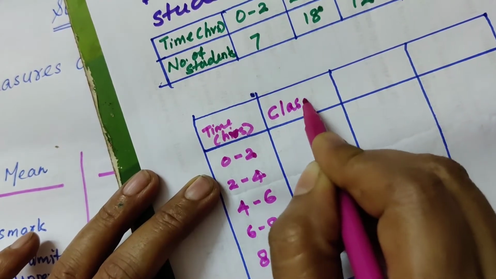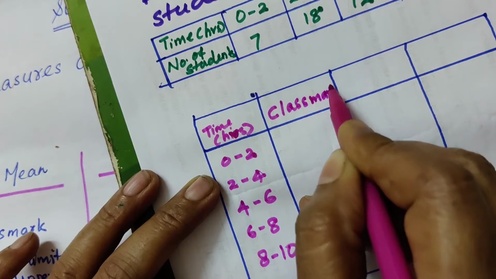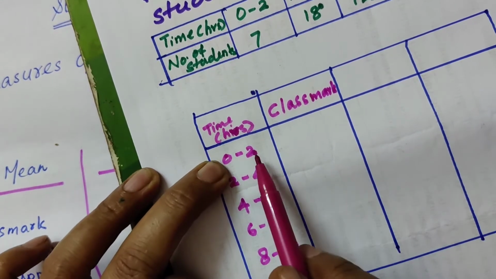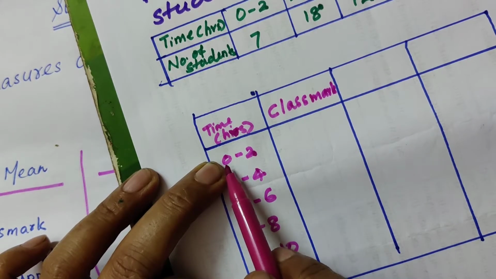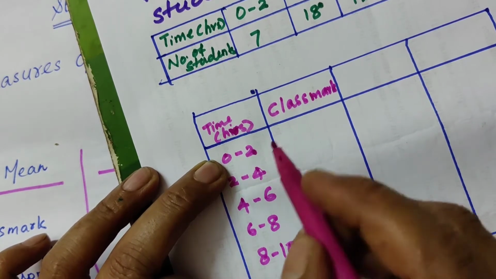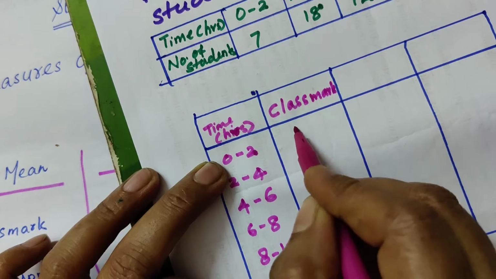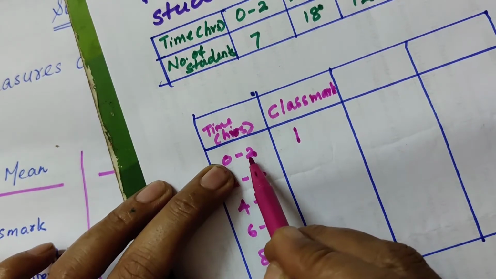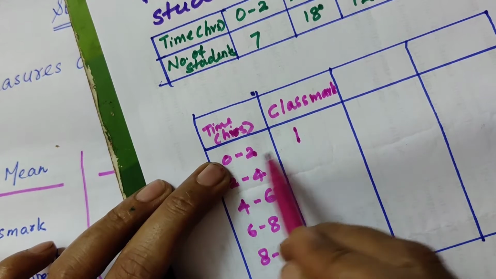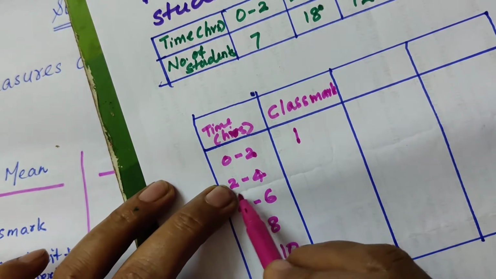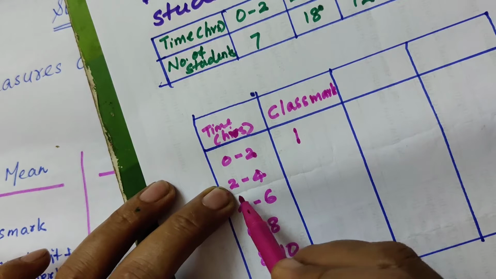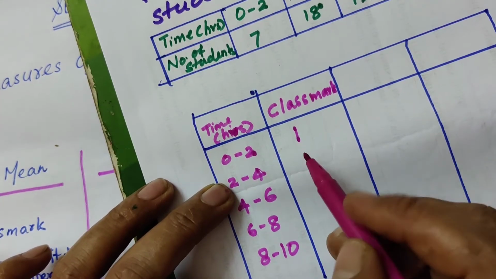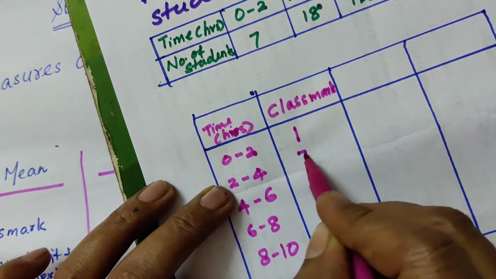We should find the class mark. How to find it? I told you: lower limit plus upper limit divided by 2. 0 plus 2 divided by 2, that means 2 divided by 2 is 1. The midpoint of the class will be the class mark. 2 to 4, the second class: 2 plus 4, 6 divided by 2, 3.